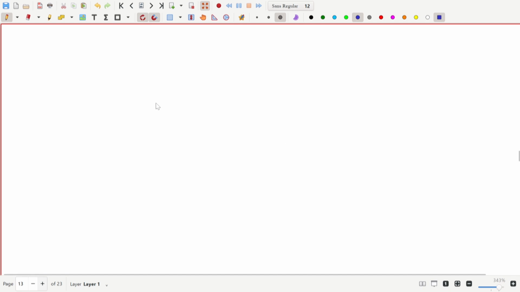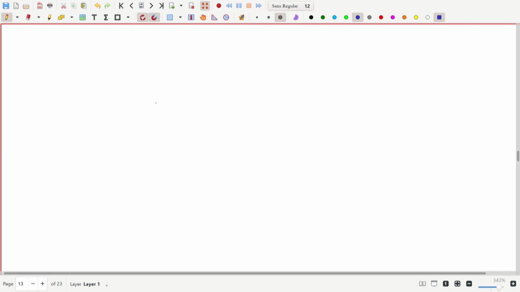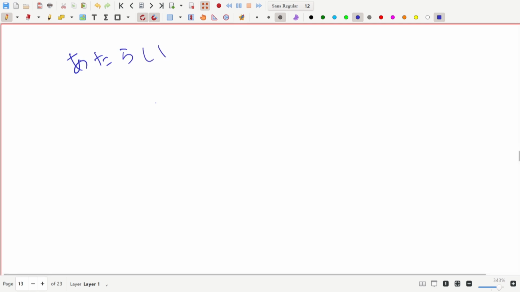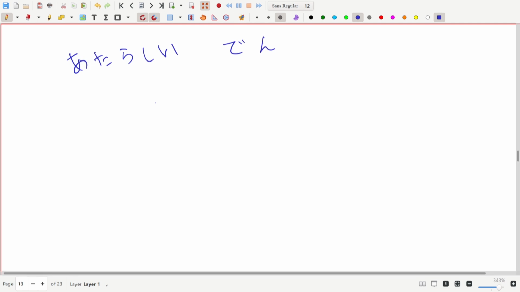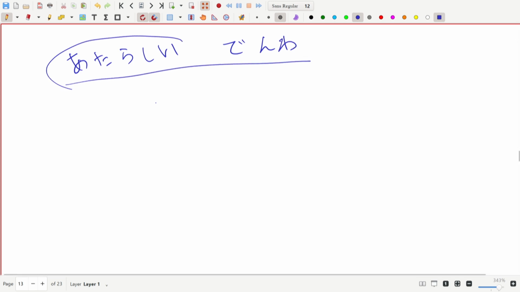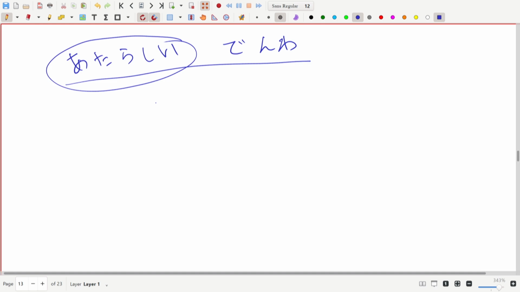Next is, suppose you want to put any object after the E type adjective. So, atarashi denwa is new phone. We are talking about atarashi, which is new, and then we are talking about phone, which is denwa.